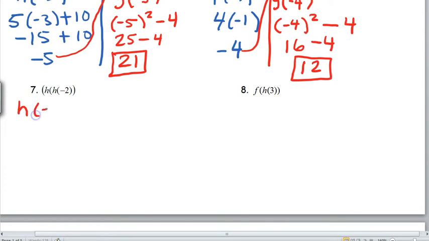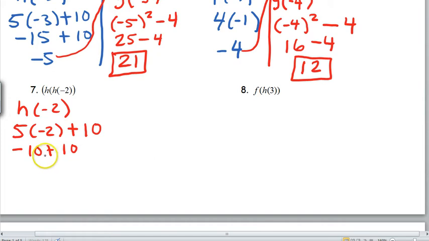So when I do h at -2, that's going to be 5 times -2 plus 10. So that's going to make -10 plus 10. So that's going to make 0. Okay?